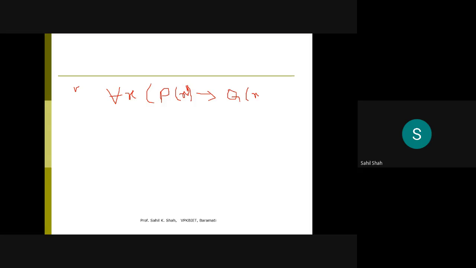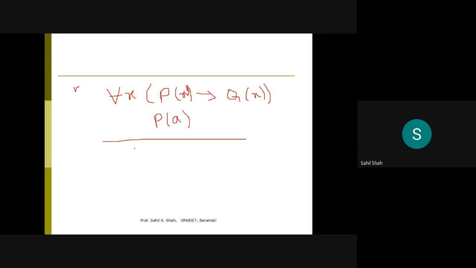These are the predicates, that is the reason why I have written in capital. The first premise is for all x, P of x conditional Q of x is true, and the second premise is P of a is true. a is some element in the domain for which P of a is true.